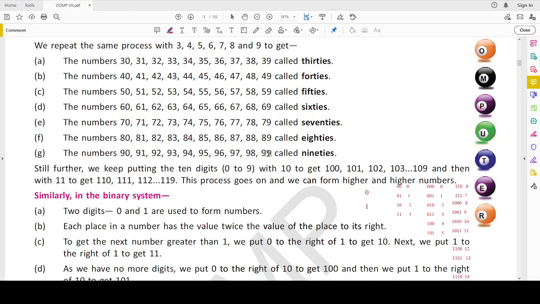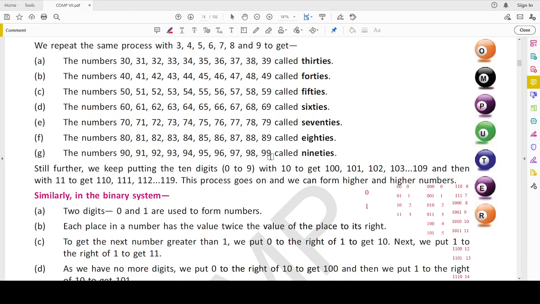So all the combinations are used to generate the numbers using the 10 digits and the 2 places.